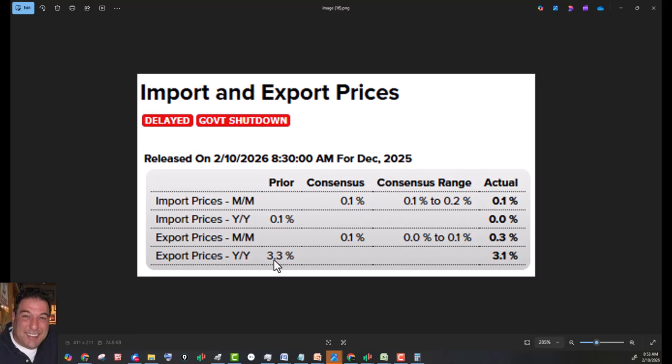Okay, so year over year, 3.3 was the prior year, and for this year so far 3.1, or for the last 12 months. So that's a dip in export prices. I guess you could say that was good and bad, in that it went down from 12 months ago, the average.